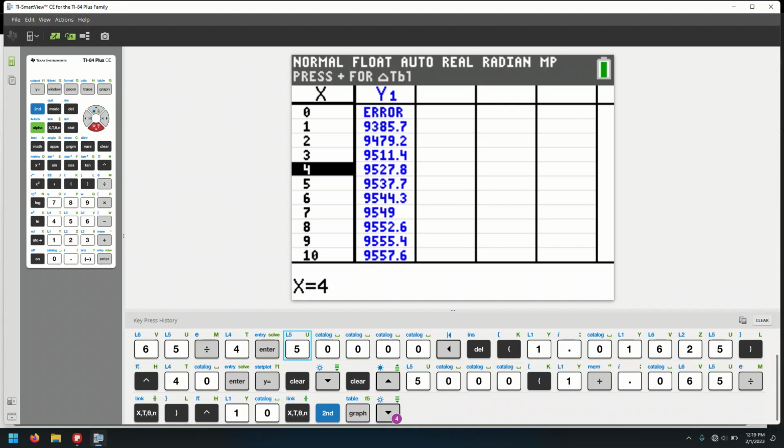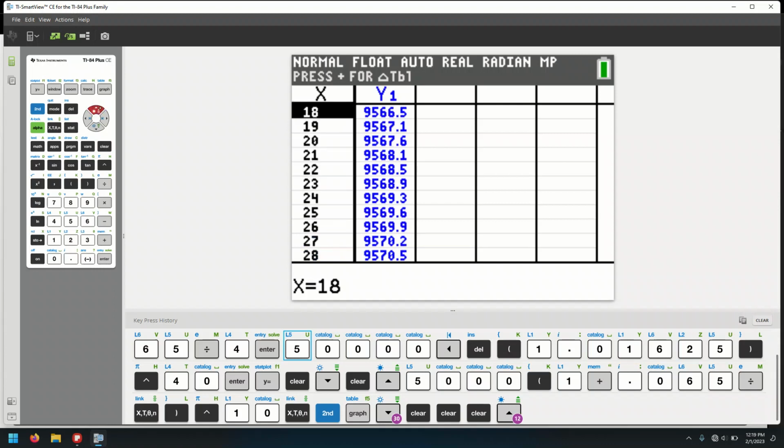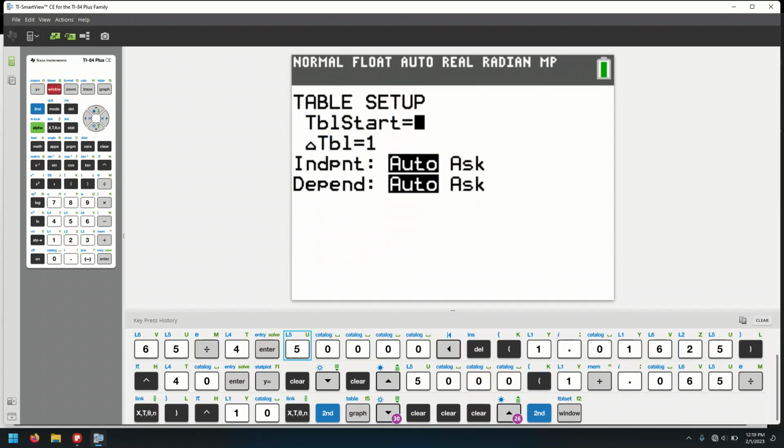However, if you want to know for x equals, say 5,000, do you feel like scrolling down all the way till you reach 5,000? You don't feel like it, right? It's not fun. So, there's a way to change that. In this case, I'm going to go second table set. And we're going to configure the dependent and independent variable.